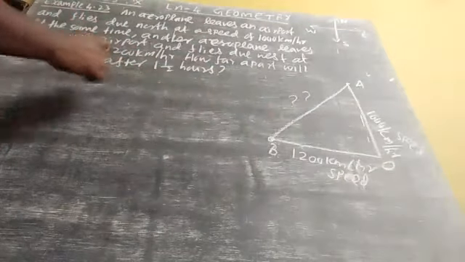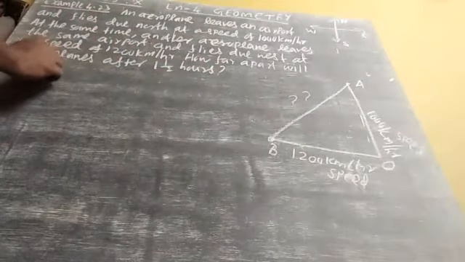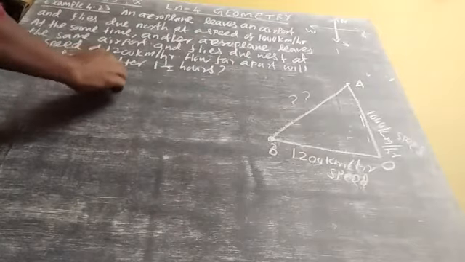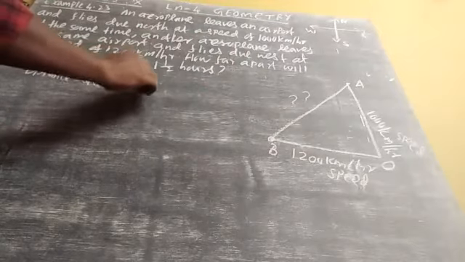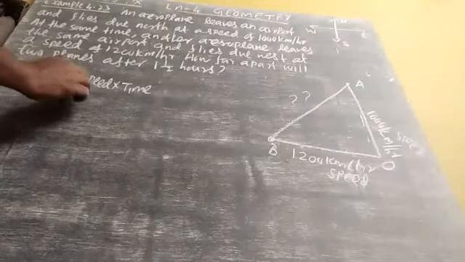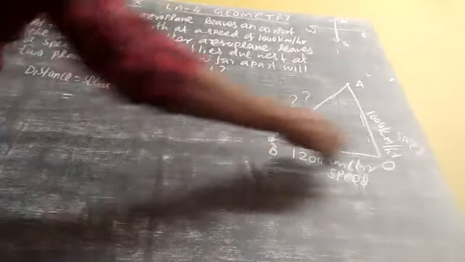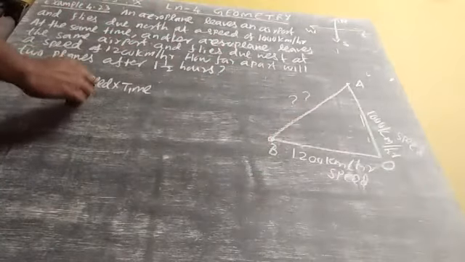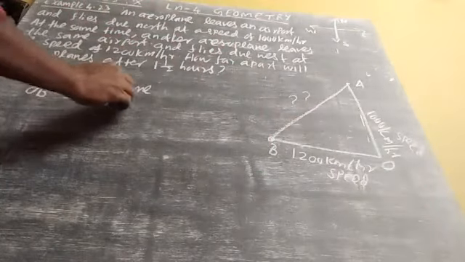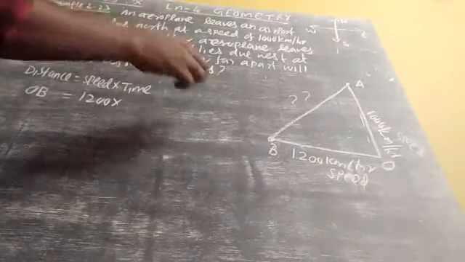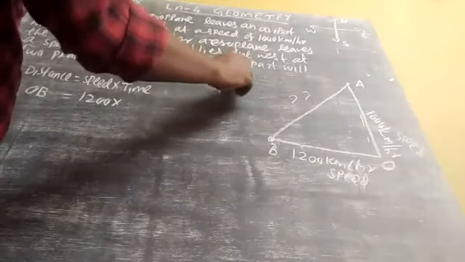For example, distance is equal to speed into time. So distance from here to here, OB distance: speed 1200, and time they gave 1.5 hours. 1.5 hours means 1 and 1 by 2.